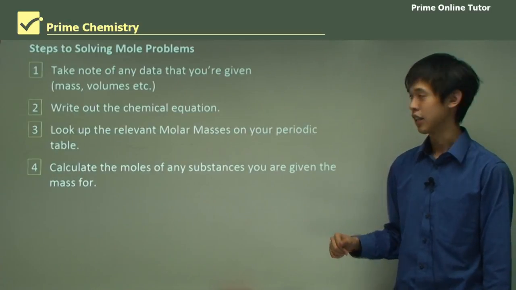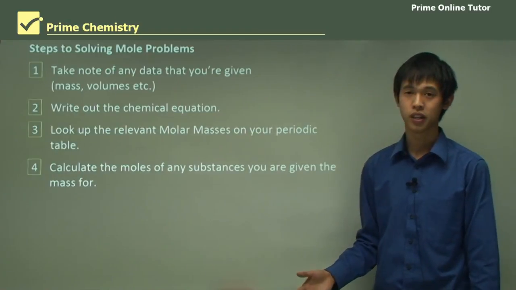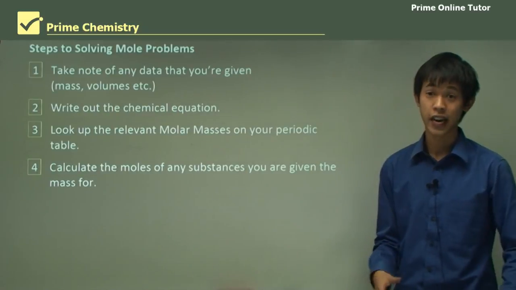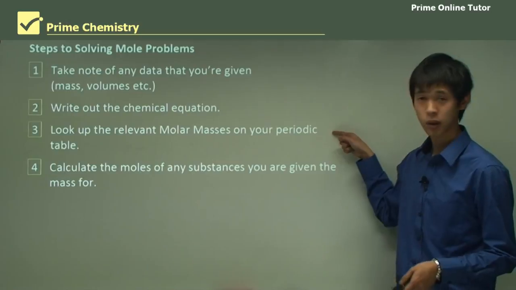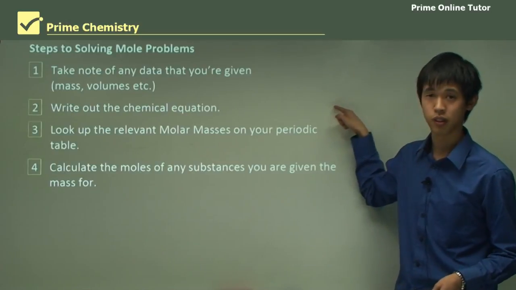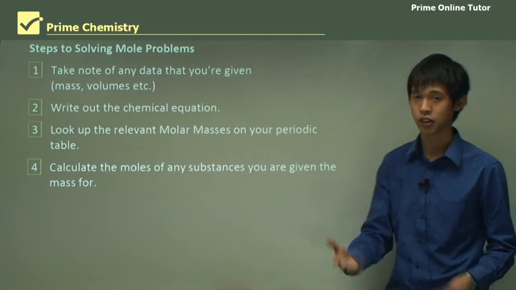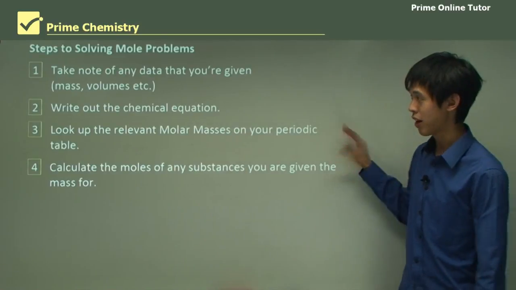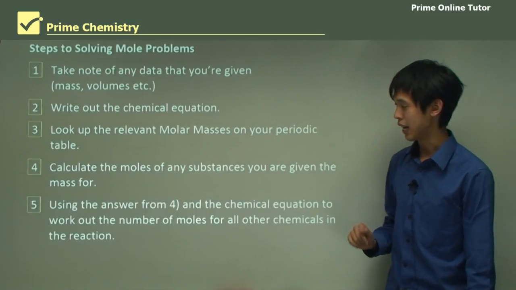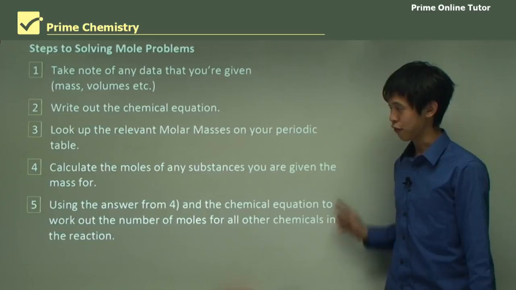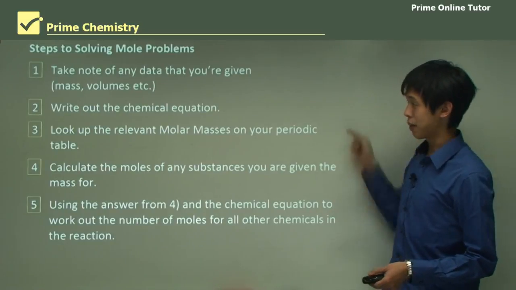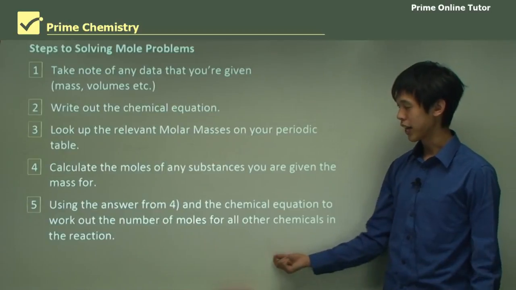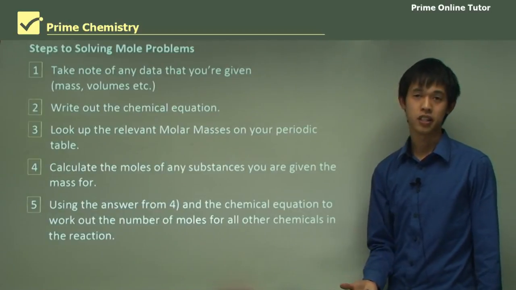That will again help you, because that number of moles is going to be related to the number of moles of other chemicals through number 2, the chemical equation. And again, I'll show you how that works. So just be wary of all of these steps. And lastly, using the answer from 4, so that number of moles that you calculated, and the chemical equation from 2, work out the number of moles of all the other chemicals in the reaction.